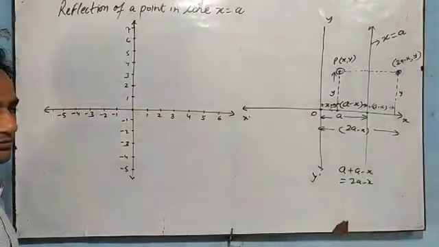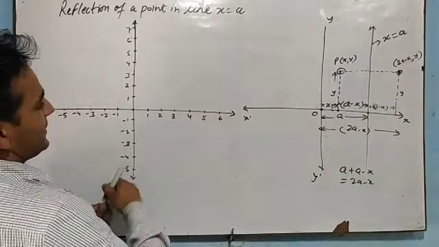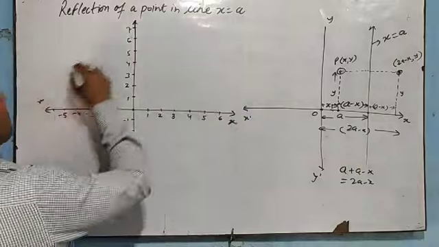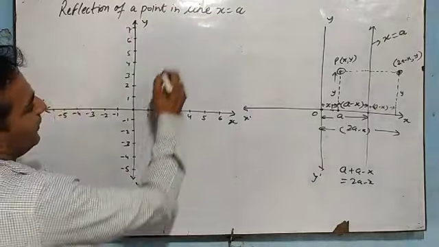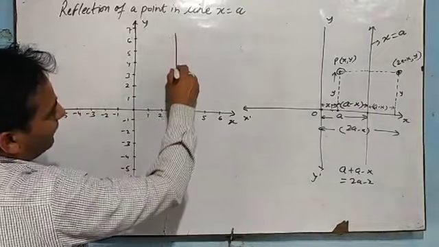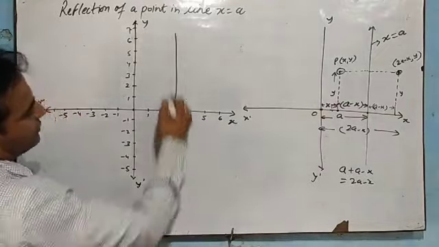If we have this coordinate axis, x-axis I have made x dash, y, y dash. Okay, and we have a line x is equal to 3.